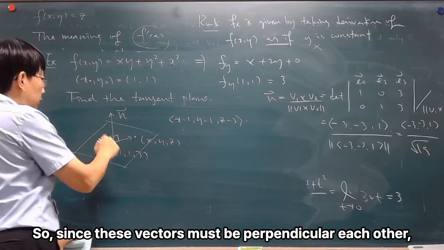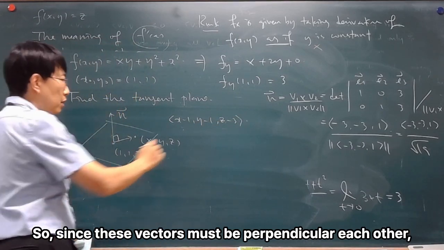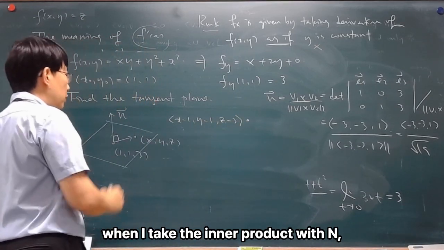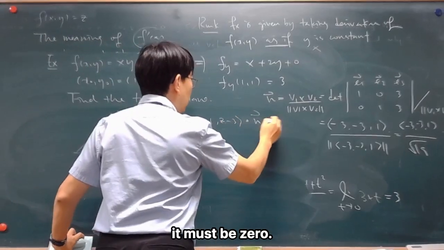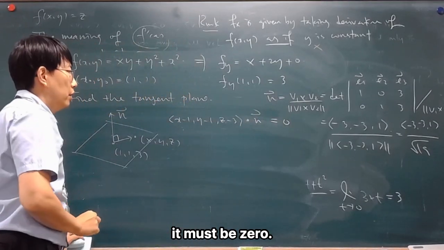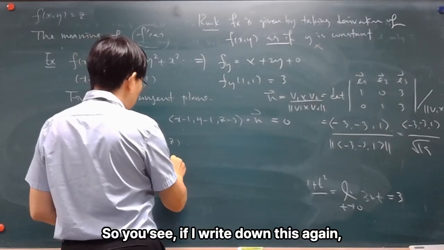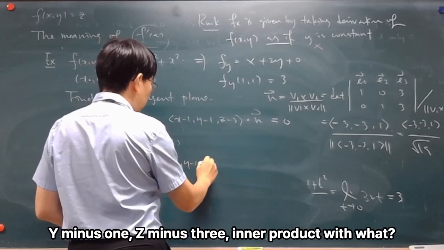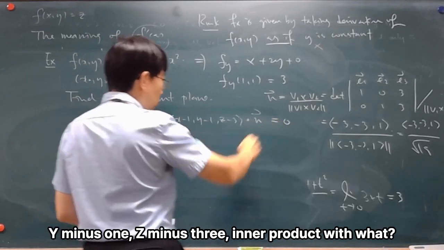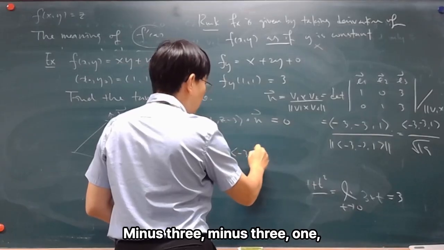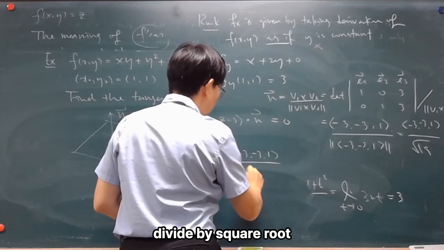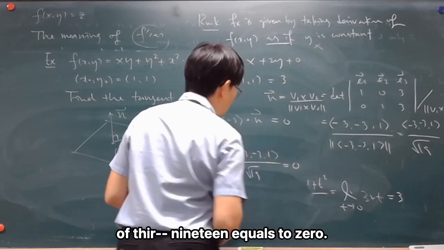Since these vectors must be perpendicular to each other, when I take the inner product with n, it must be 0. So if I write this down again: x minus 1, y minus 1, z minus 3, inner product with minus 3, minus 3, 1 divided by square root of 19 equals 0.